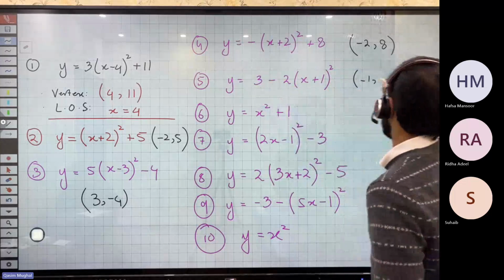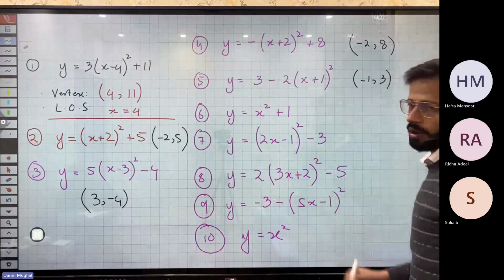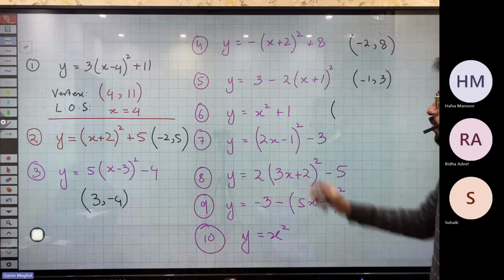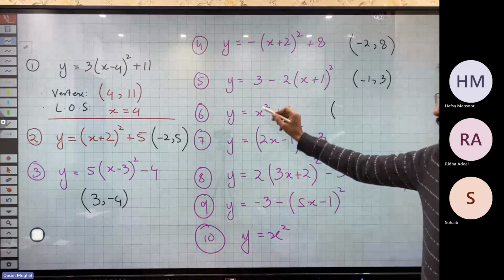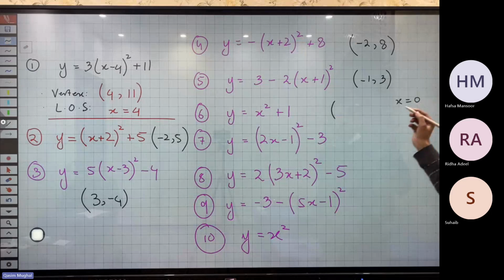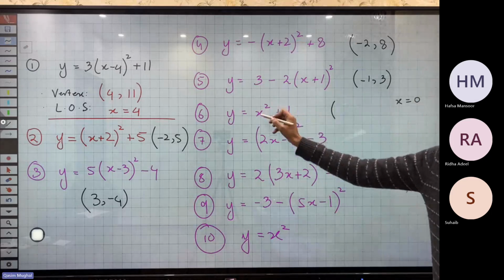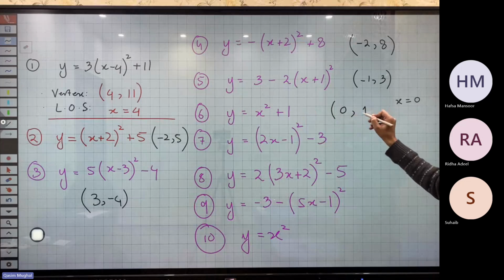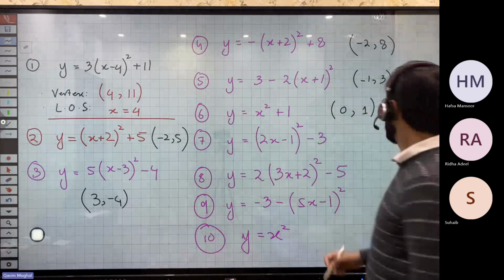This 3 has a positive sign. So -1, 3. Okay. Then whatever is inside the square, put that equals to 0. Inside the square we have just x, so x equals to 0. That's it. This is the x coordinate and the y coordinate is going to be 1.